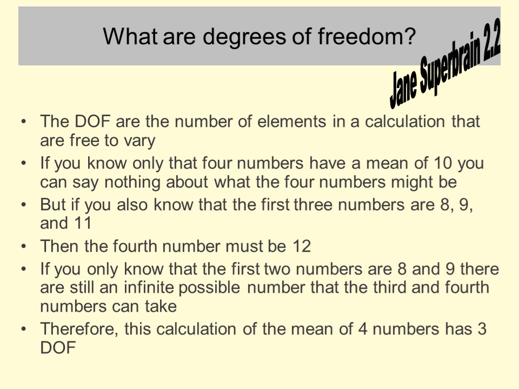So that wouldn't be enough for you to specify exactly the 4th number. Anyway, I think you can see what I'm getting at here, which is that this calculation has 3 degrees of freedom, because once you know 3 of the numbers, the 4th one is fixed.